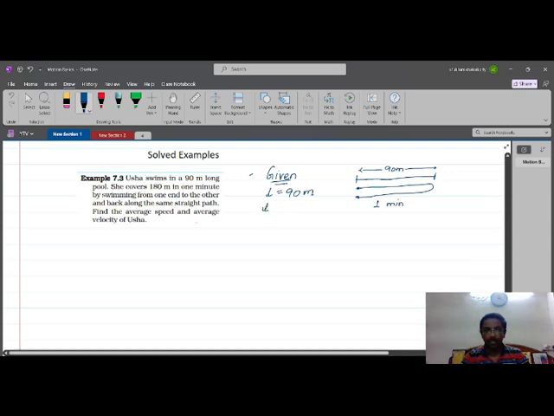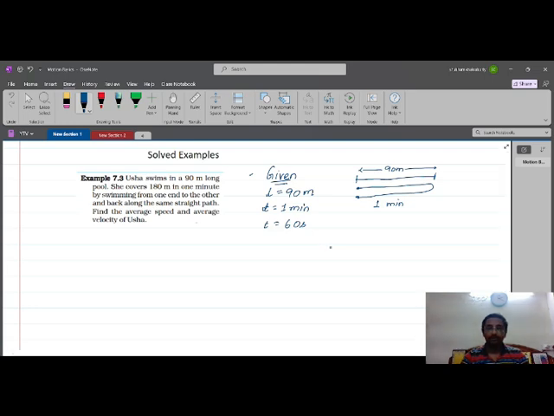So the time taken is 1 minute. Remember, always convert your values into SI units. So the time taken is 1 minute, which is equal to 60 seconds. Now what we have to find out is the average speed and the average velocity of Usha.